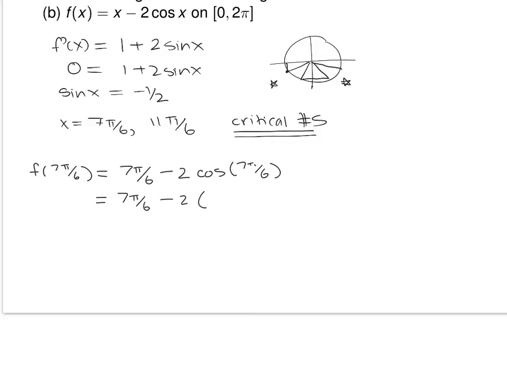So -2 times negative root 3 over 2. So that's 7 pi 6 plus root 3, right? Does that make sense?